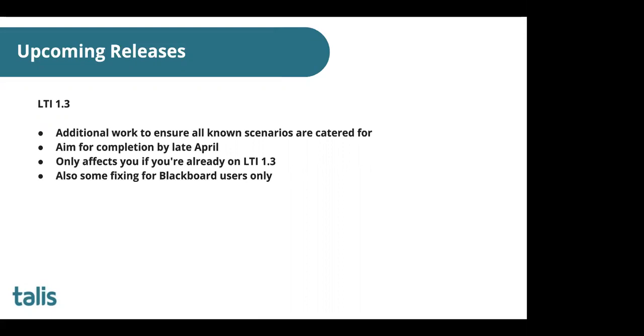From some testing we've done, we've realized there's a couple of areas where we need to do a little bit of additional development just to make sure that whatever your scenario is, that rollover should go through smoothly. So it means us updating a little bit of logic within the system. This work should be completed by late April, but obviously if there is any sort of delay in that process, we will be reaching out to let people know.